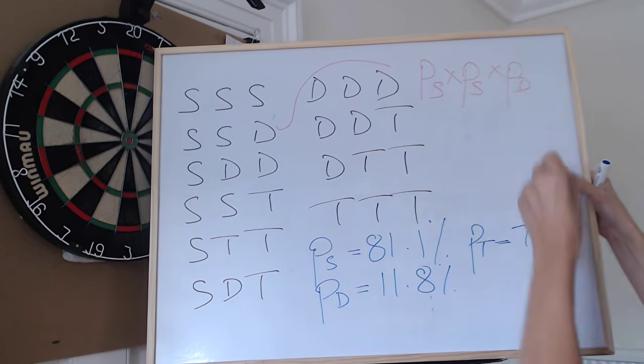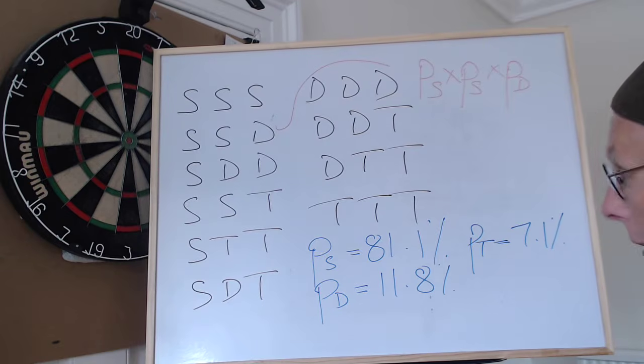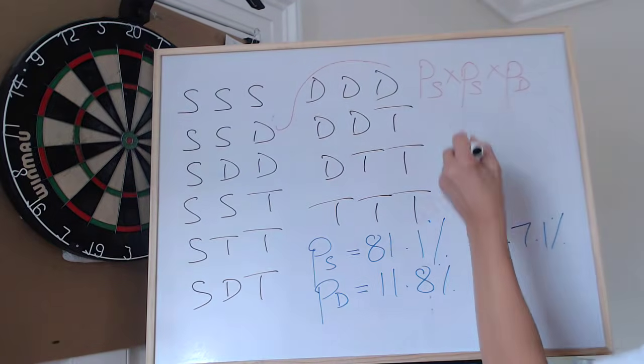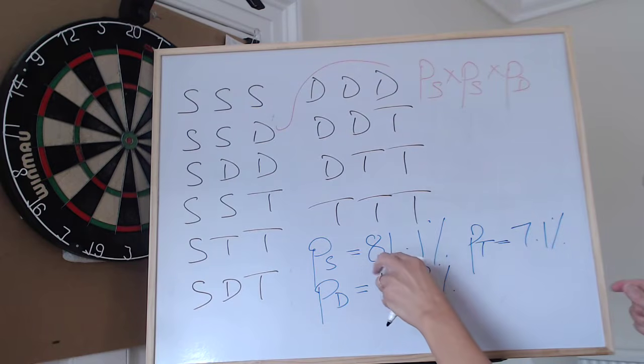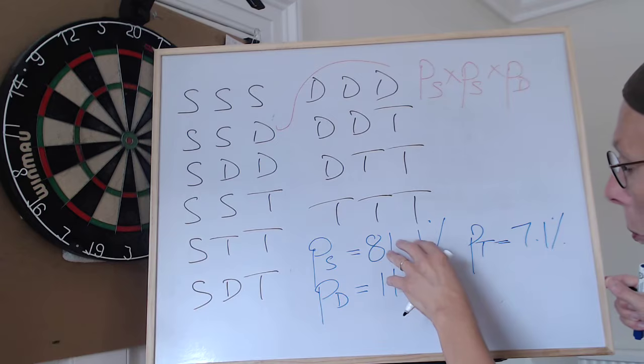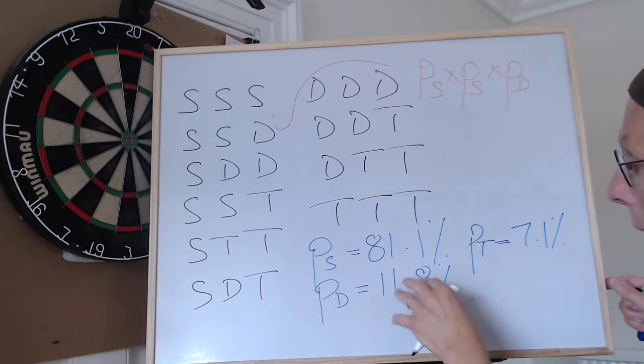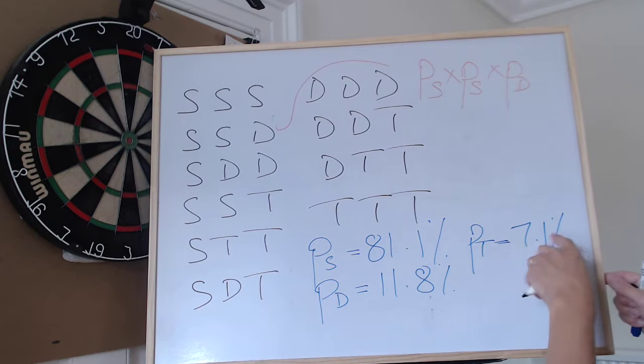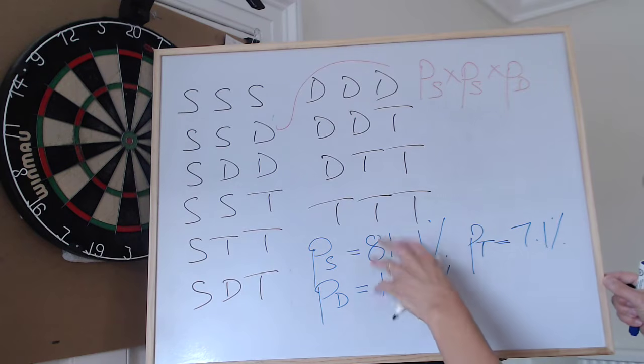I'm sorry, this red pen doesn't stand out very well. So you just multiply these 3 numbers together. So you turn them into decimals. So you'd call that 0.811. This is 0.118, which is cute because they're like mirrors of each other. And 0.071 are the decimals of those percentages.